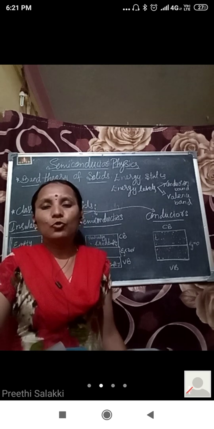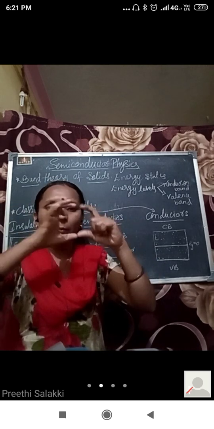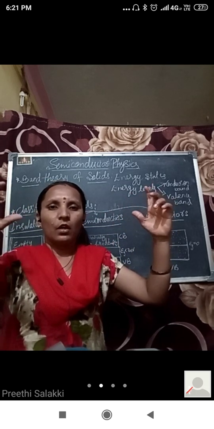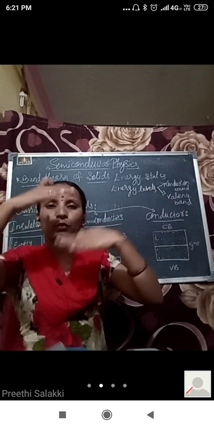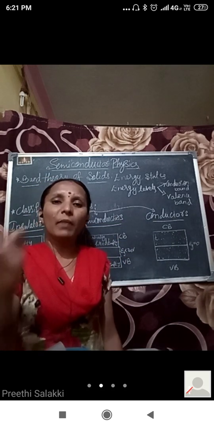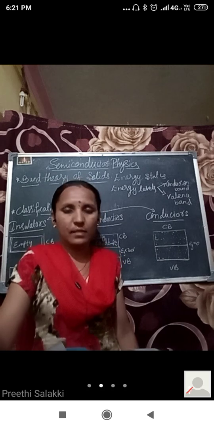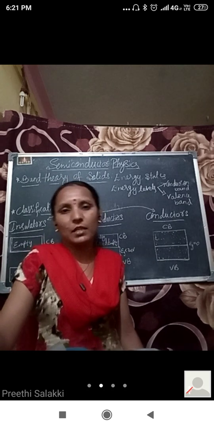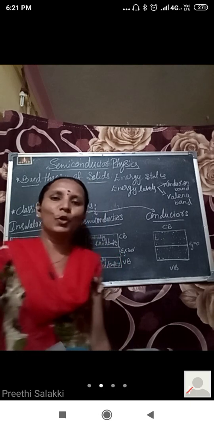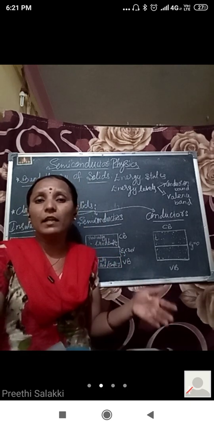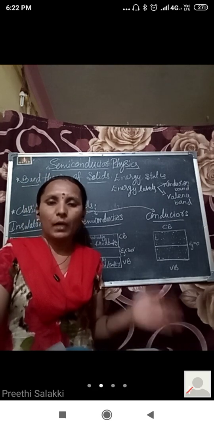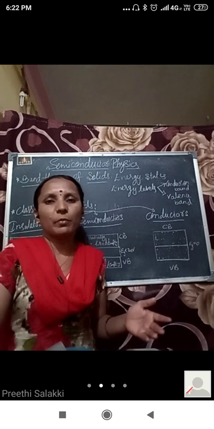If those orbits are imagined in a straight line form, the group of energy levels having nearby values of energies constitutes an energy band. Okay, remember what an energy band is: a group, a set, or a bundle of energy levels is called an energy band. So each and every atom has energy bands.